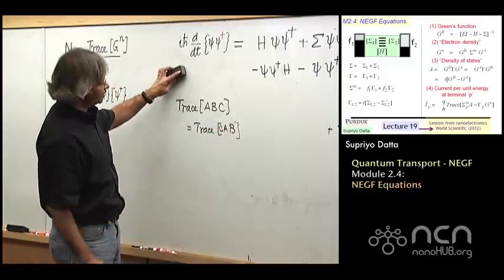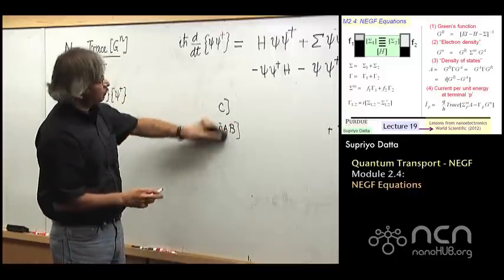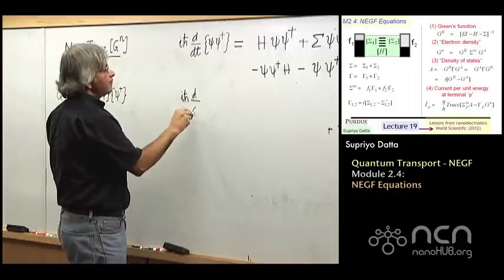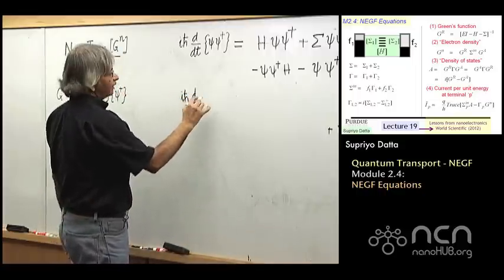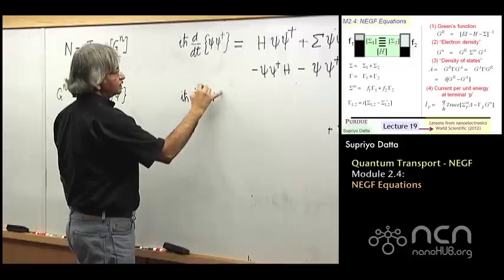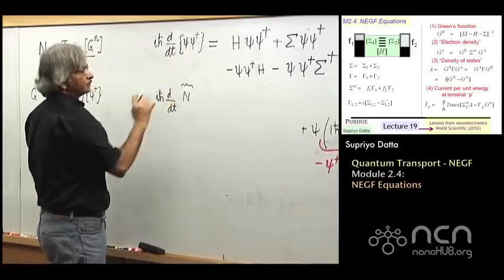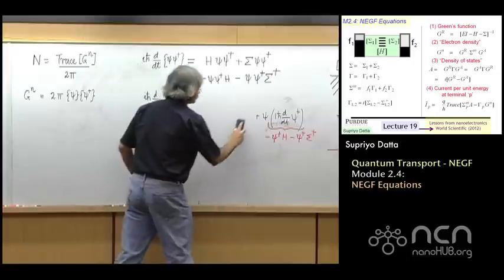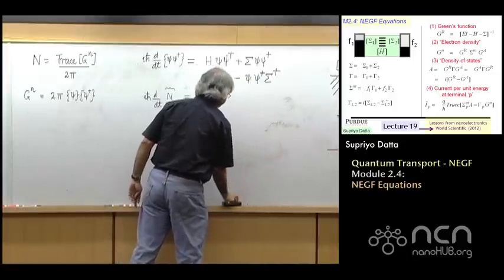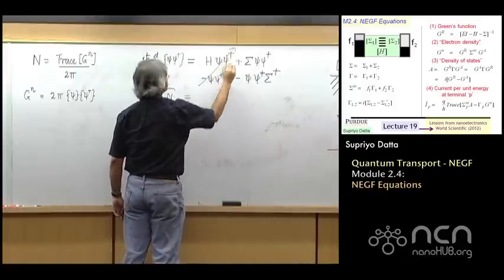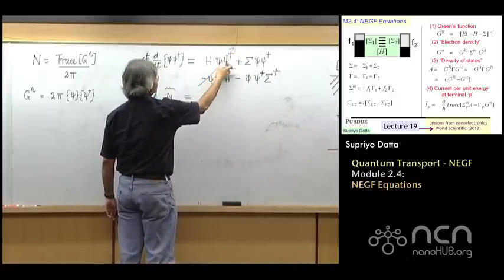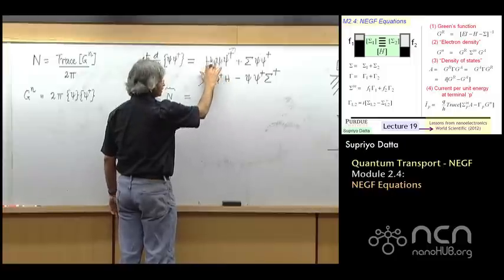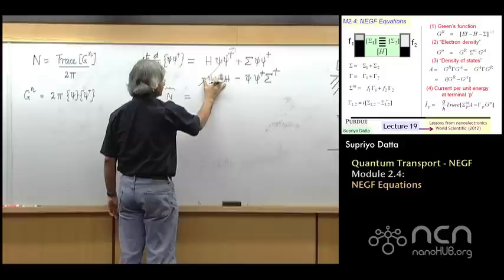So if I take the trace of both sides, what we'll have is iħ d/dt of something like the number of electrons n, by taking the trace. And on this side, those first two terms will cancel completely, because Hψ† and ψ†H have the same trace.